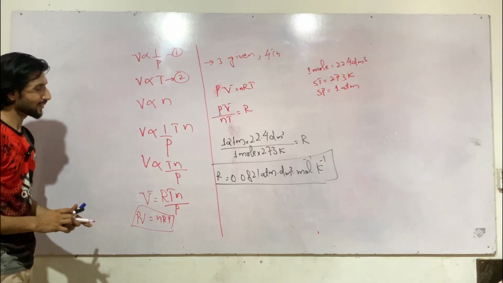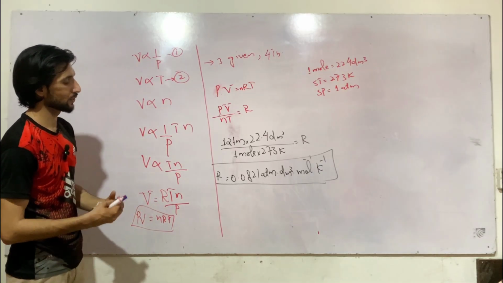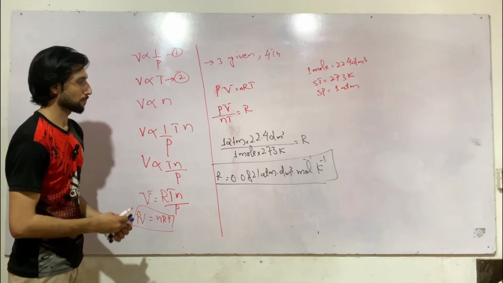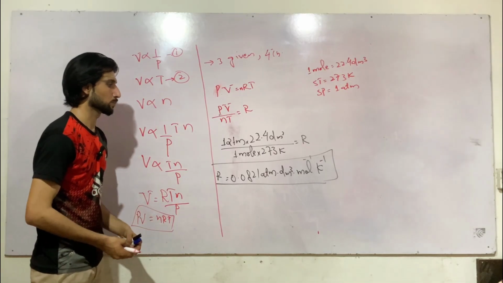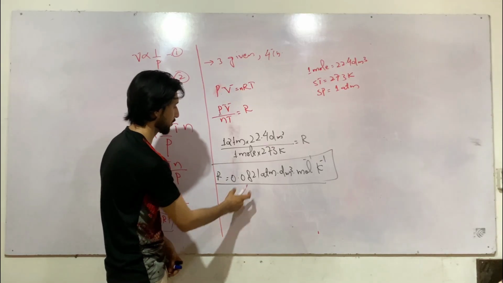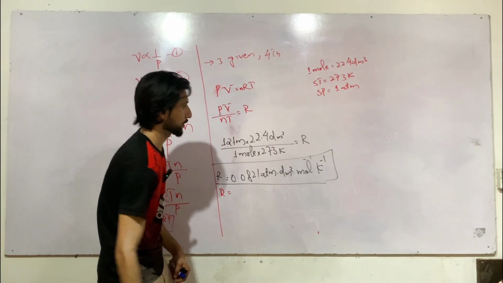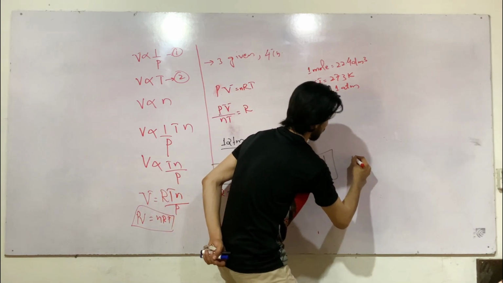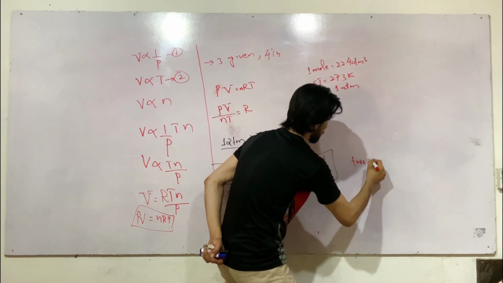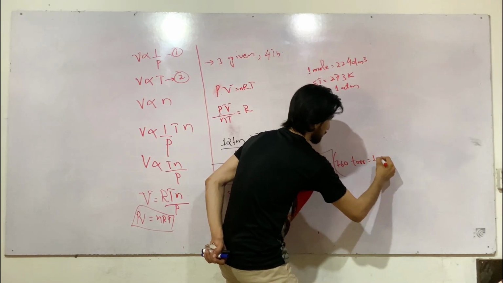We learned lots of different units for pressure and for volume, so we can plug those values in and find that the value of R changes. If I take pressure in torr instead of atm, 1 atm was equal to 760 torr.